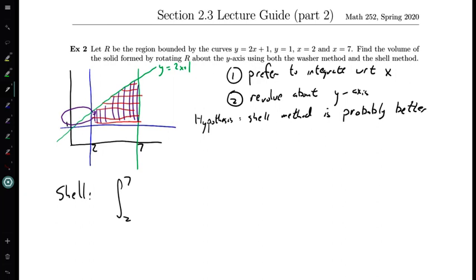I know the radius of a given shell is the x-coordinate, so its circumference is 2 pi x. The height of a given shell is the y-coordinate on the green curve minus the y-coordinate on the blue curve. The y-coordinate on the green curve we know to be 2x plus 1, whereas the y-coordinate on the blue curve we know to be simply 1.